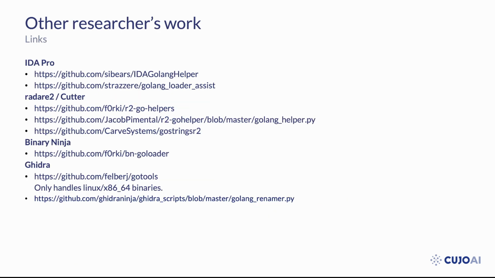Obviously, we are not the first ones working with reverse engineering Golang binaries. There is already a lot of work done, especially with other tools like IDA or Radare2. Also, there are scripts for Ghidra, so feel free to look at these, go through these, and play with them as well.